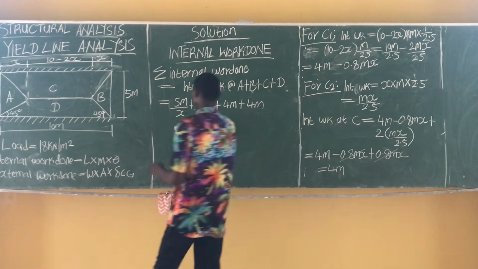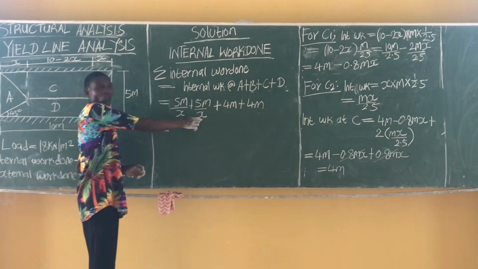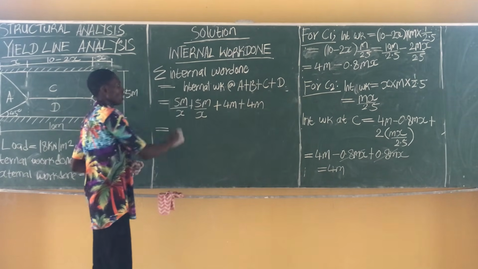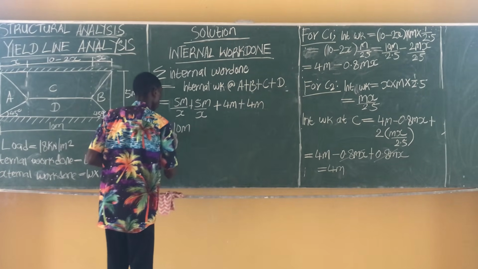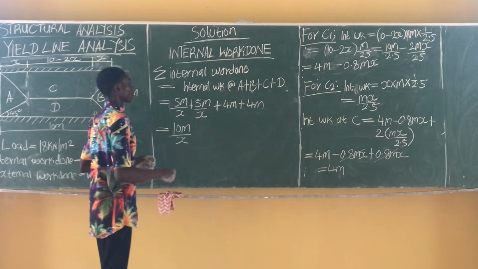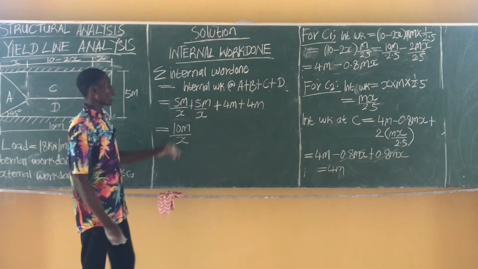So we have this to be equal to, since they have the same denominator, we can add them. So 5m plus 5m is 10m all over x. If the denominators were different, we would have taken LCM before adding them.